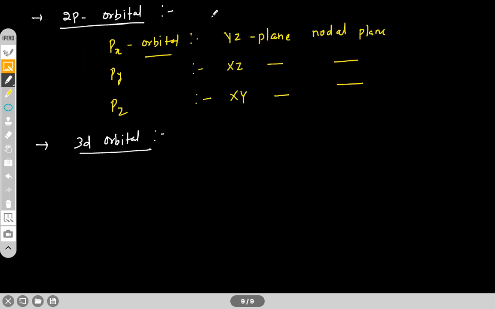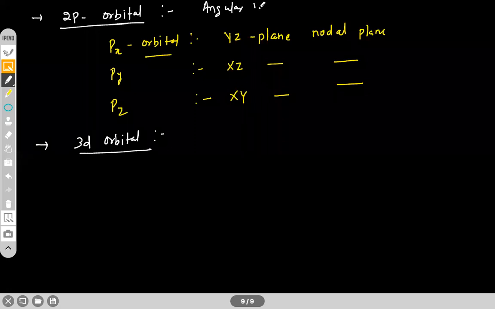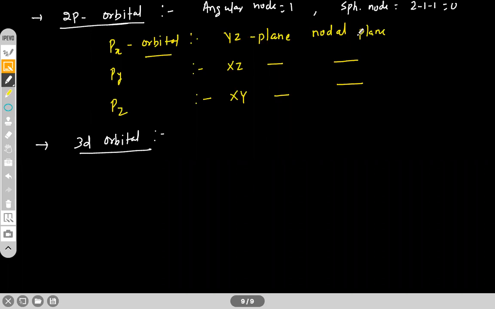For 2p, the angular node is 1, but the spherical node is 0, since 2 minus 1 minus 1 is 0. So we have only one nodal plane: for px one nodal plane, for py one, and for pz one.